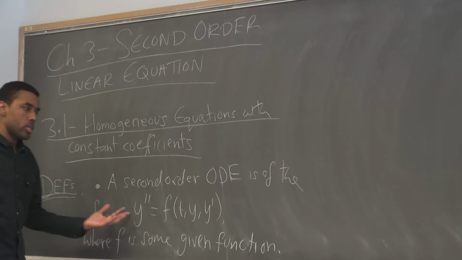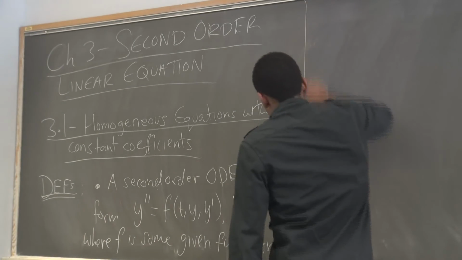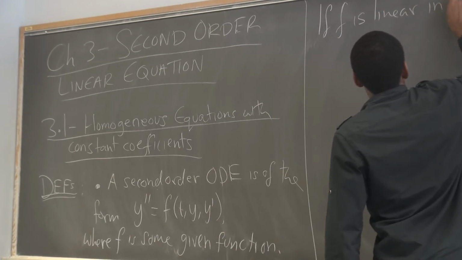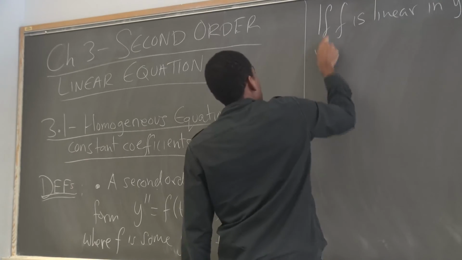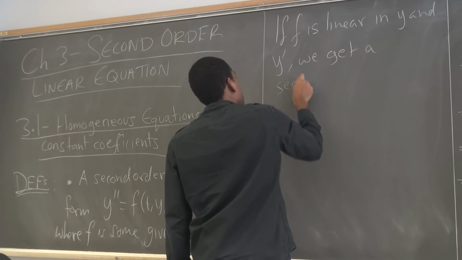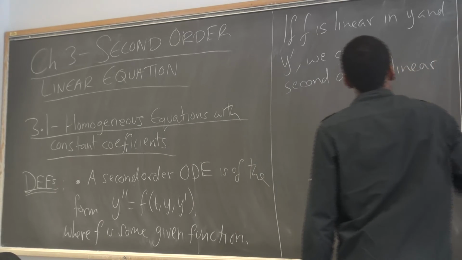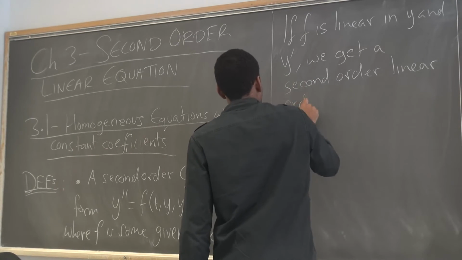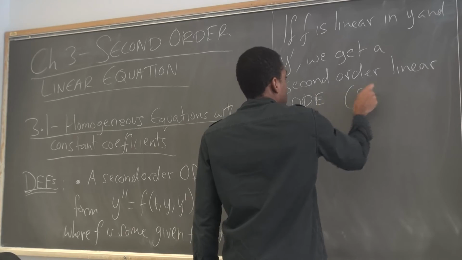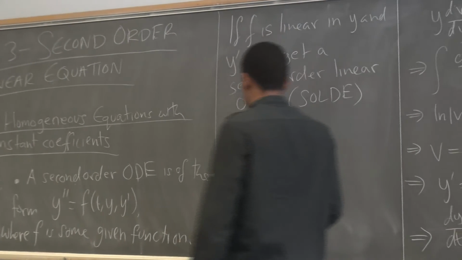So we're dealing with second order ODEs. This is a general form for a second order ODE, where f is some given function. If f is linear in y and y prime, we get a second order linear ODE, which I'm going to start abbreviating because it's too much to write out all the time.